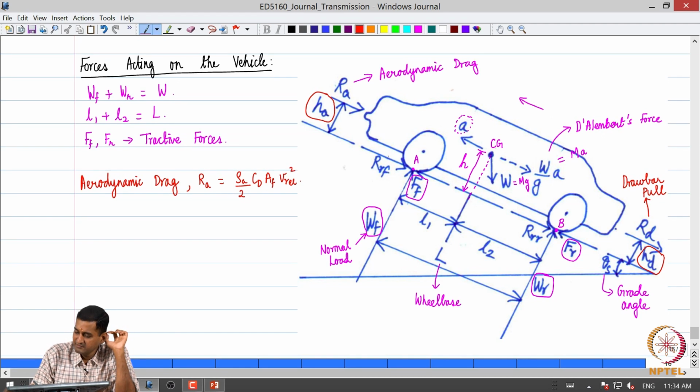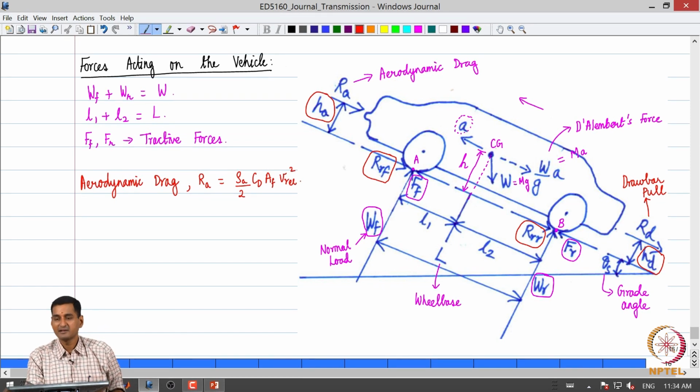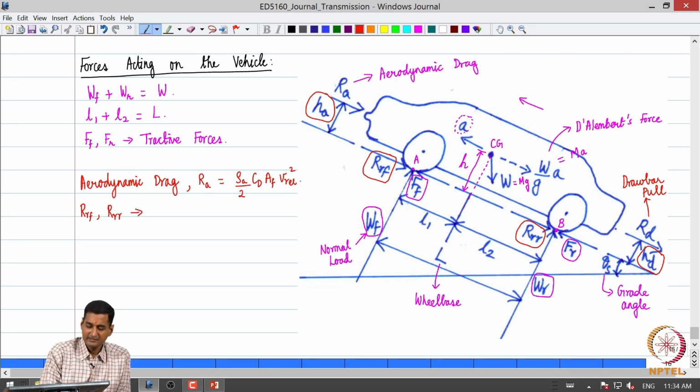Then we have two more forces, what are called rolling resistance forces at the front and the rear respectively. Okay. RRF and RRR are the so called rolling resistance forces. So, what is this rolling resistance force?